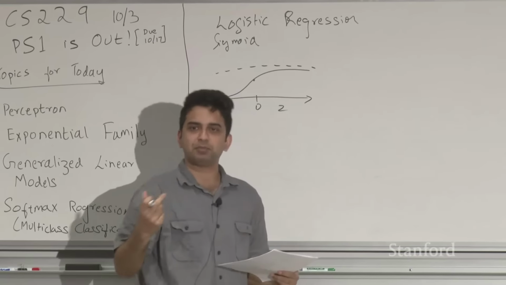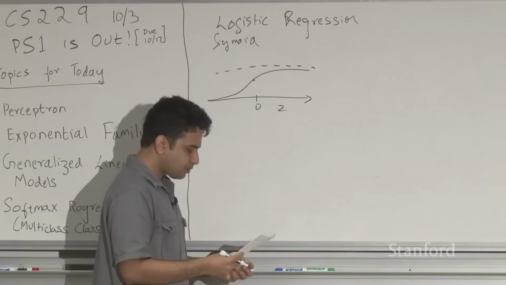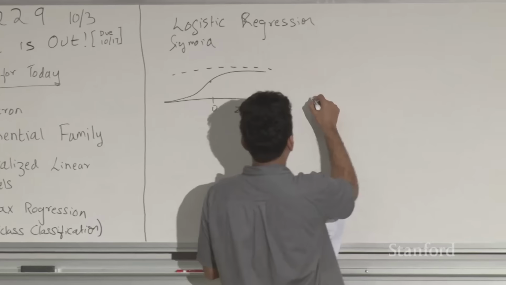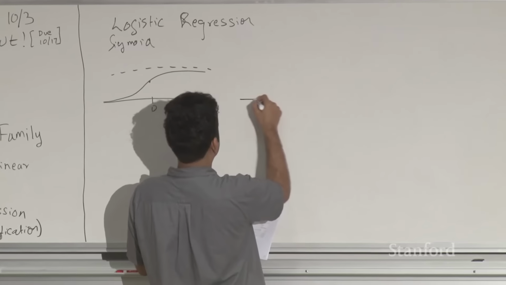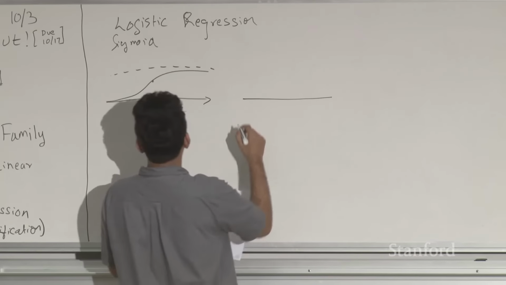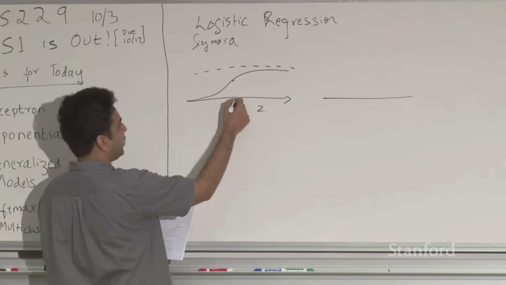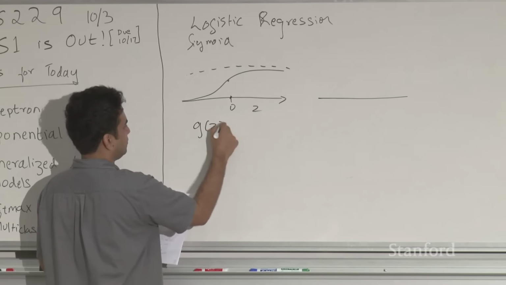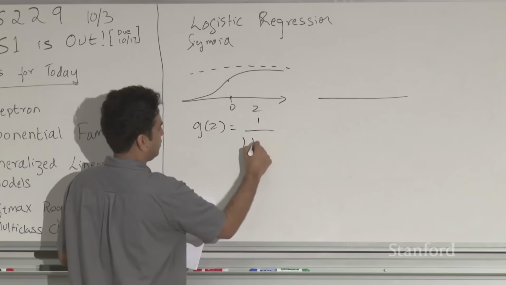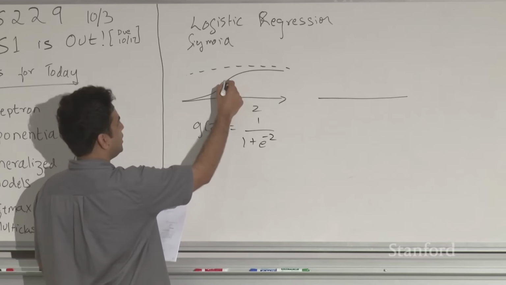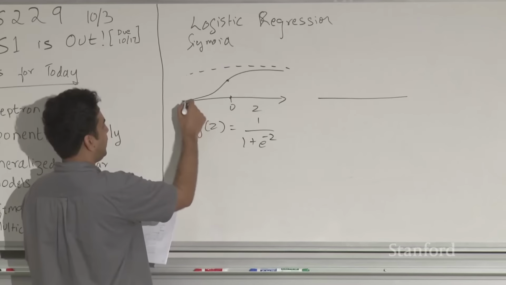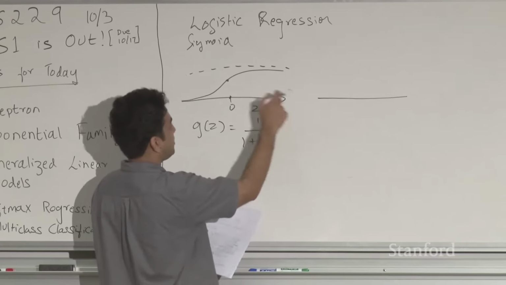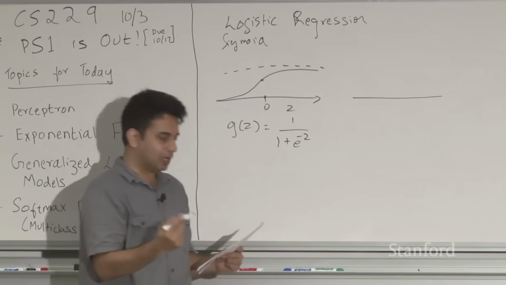And the 0 and 1 kind of represents the probability. In the sigmoid function, at z equals 0, g of z is a half, and as z tends to minus infinity, g tends to 0, and as z tends to plus infinity, g tends to 1.